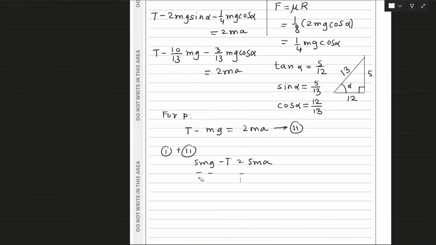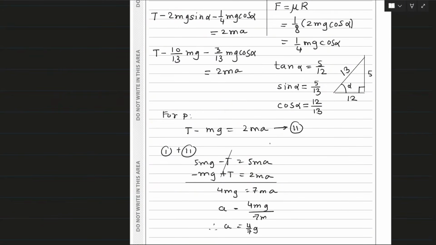We can rearrange them a bit so that we can understand the elimination much more clearly. So we see that adding the two equations up cancels out T, and this gives us 4mg equals 7ma. From this we find the value of a, and that is equal to 4 by 7 g.